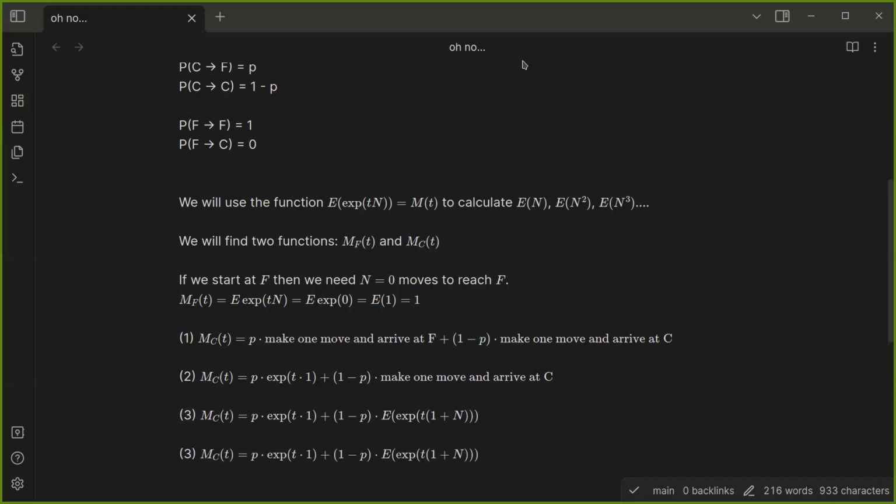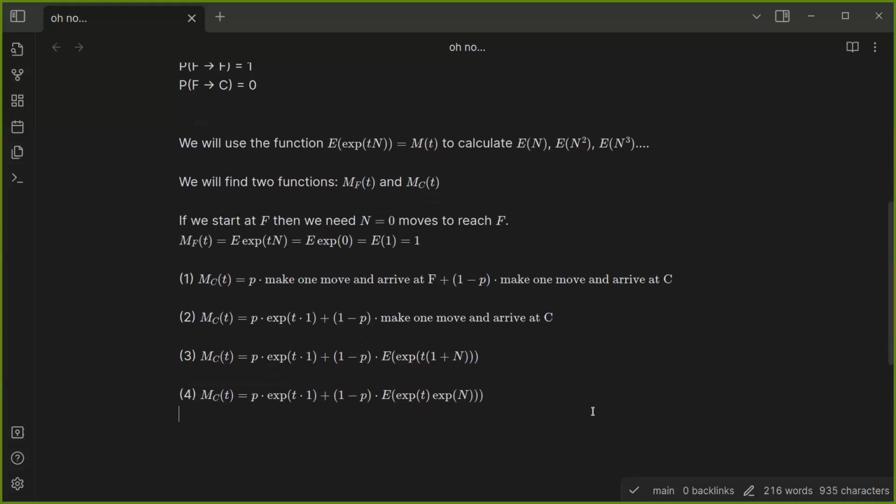Now, let's solve this. Because of the exponent, I may write exponent of t times exponent of n. Yeah, I may write, no, that's bad. I need more brackets in my formula.